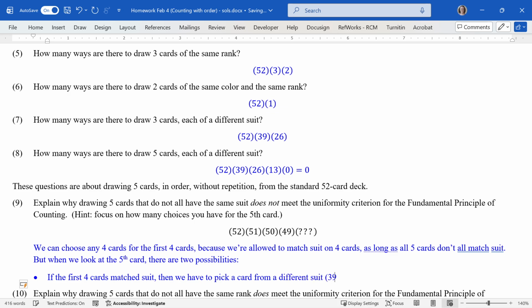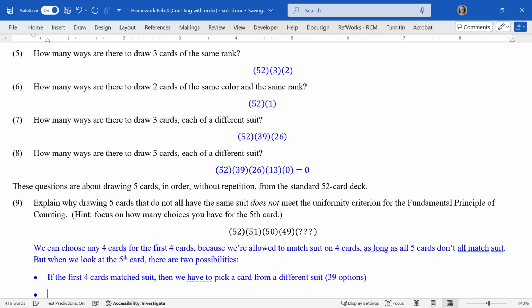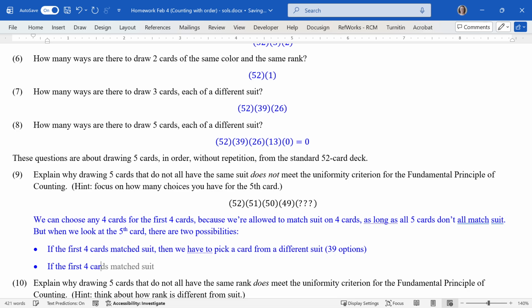So 39 options. But if the first 4 cards didn't match suit, then we can pick any card. And that would be 48 possibilities, 48 options.